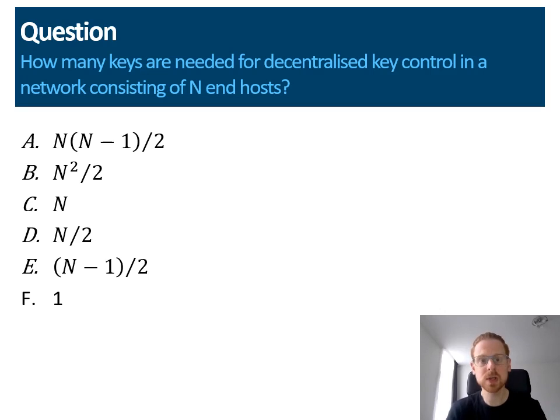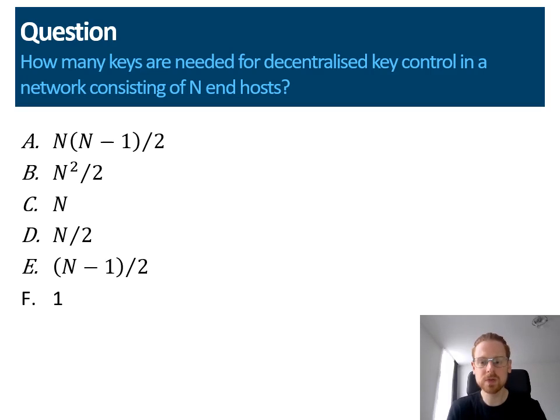So my question is, how many keys are needed for fully decentralized key control in a network consisting of n end hosts that all potentially want to communicate with one another? Is it n times n minus 1 divided by 2, n squared divided by 2, n divided by 2, n minus 1 divided by 2, or only 1?